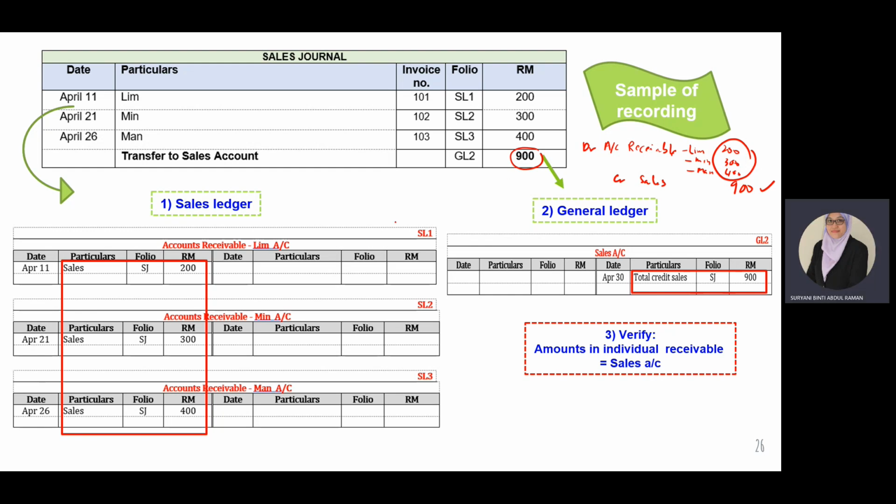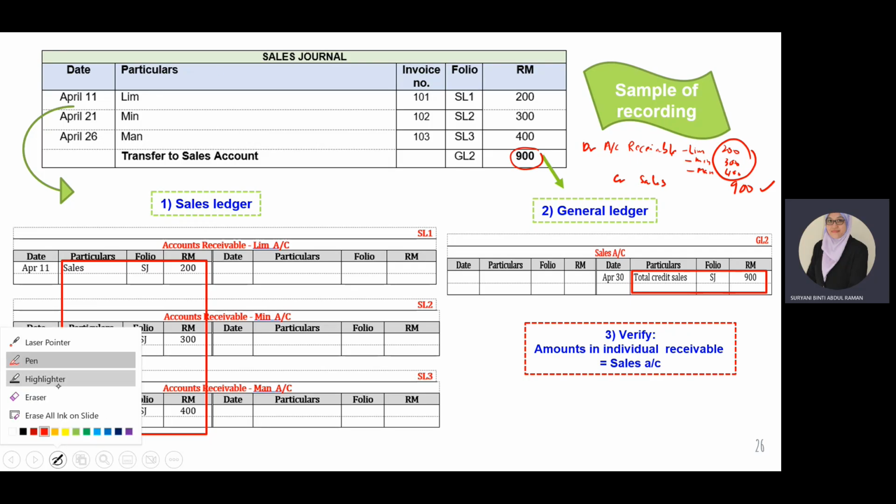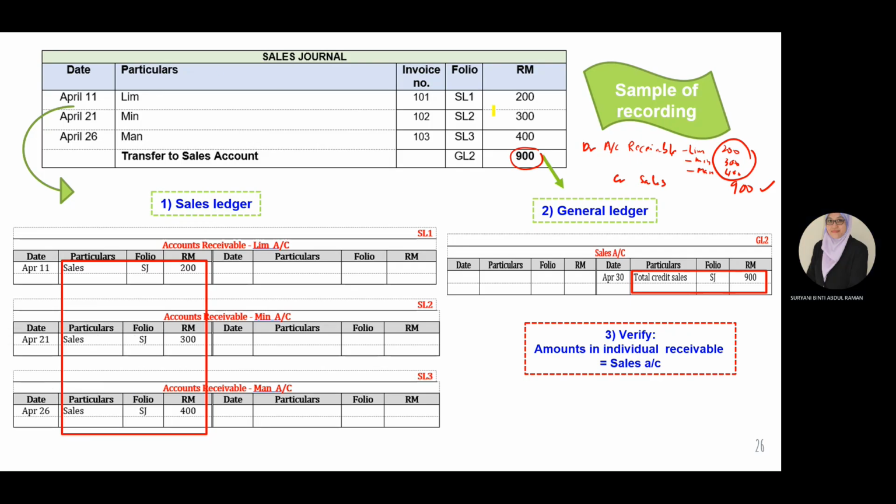So to post into the ledger, we will start by transferring the sales transaction for each of the accounts receivable involved first. So as you can see, let us cross-check whether we have prepared it completely or not. SL1, sales ledger 1, is referring to Lim account.